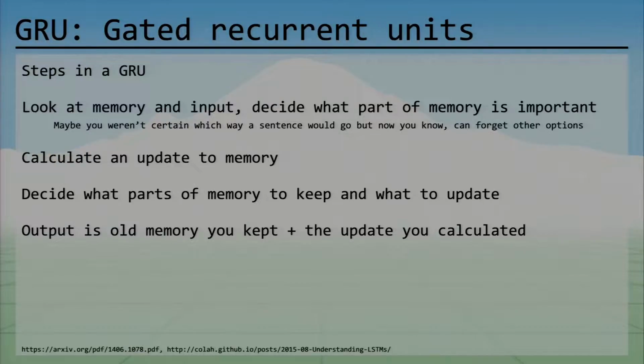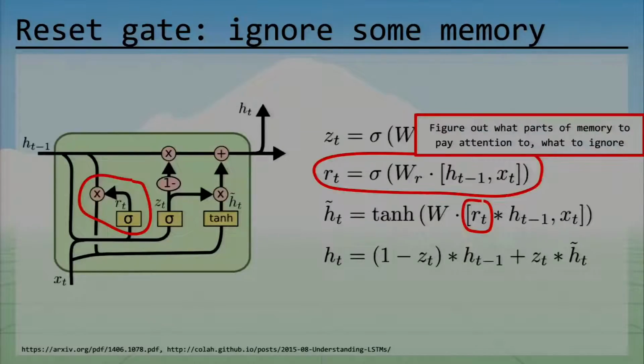So if there were some portions of memory that we decided we didn't need anymore, we're going to figure out where that corresponds in this update that we calculated and pull those into the new memory that we're forming. And that's going to be our output: basically a weighted sum of our old memory and the important parts of it versus the new memory and the important parts of the new memory.